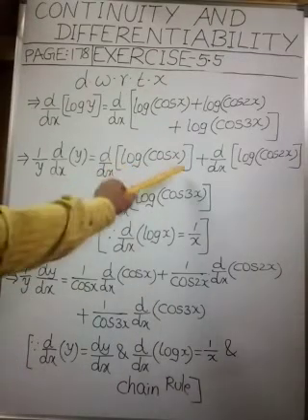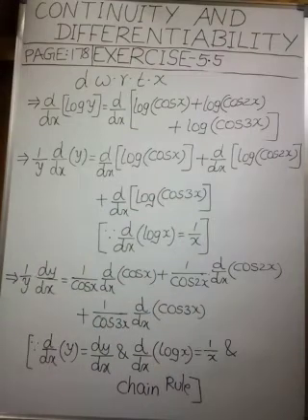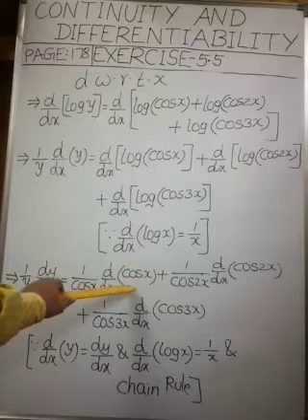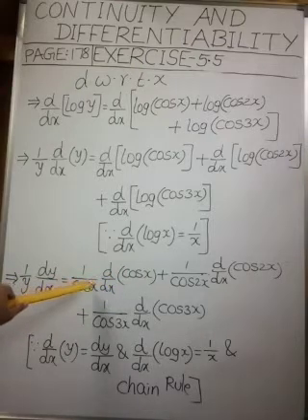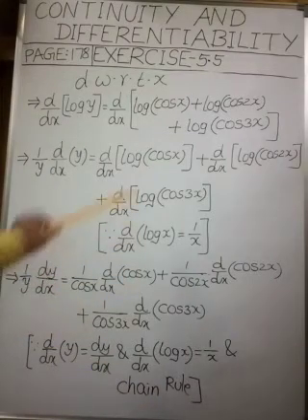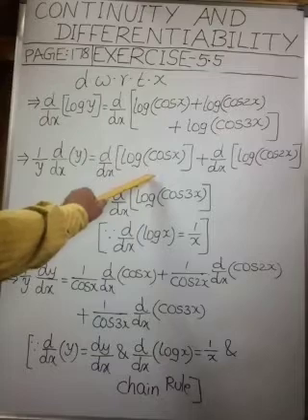Don't take directly d by dx of cos x function. Okay, my children. So d by dx of log x. What is the d by dx of log x? 1 by x. So 1 by cos x into d by dx of cos x. Because we assumed here cos x as x. So we are using here chain rule. Okay, my children, understood the differentiation of the first term?